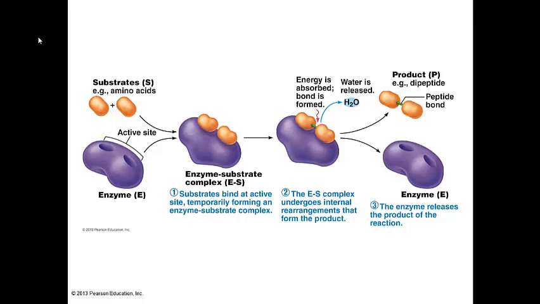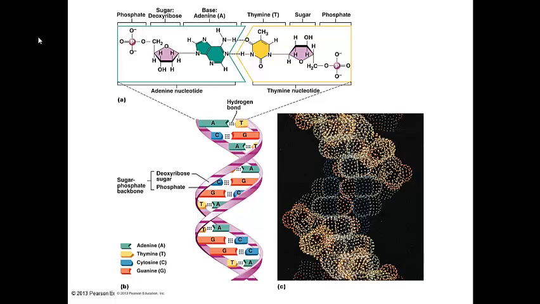So who's last? Who's the last member of the family I want to talk about? Nucleic acids. Now, what are nucleic acids made of? Well, they are DNA, and they are RNA, and they do have carbon, and they do have oxygen and hydrogen and nitrogen, CHON. That's all there.